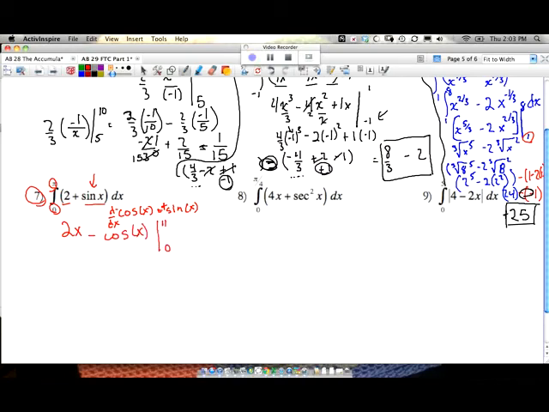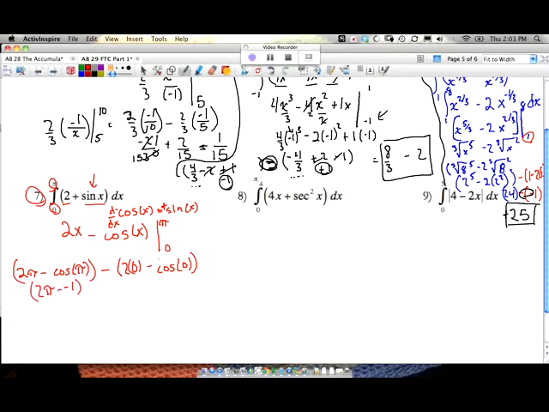So let's start by plugging in pi. That means we'll have 2 pi minus cosine pi, and then we're going to subtract from that by plugging in 0. So it's going to be 2 times 0 minus cosine 0. Okay, so the first one, cosine of pi is negative 1. So this is really 2 pi minus negative 1.